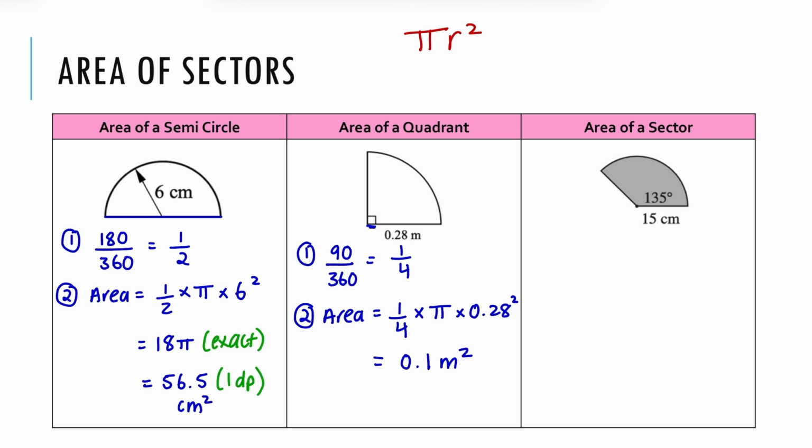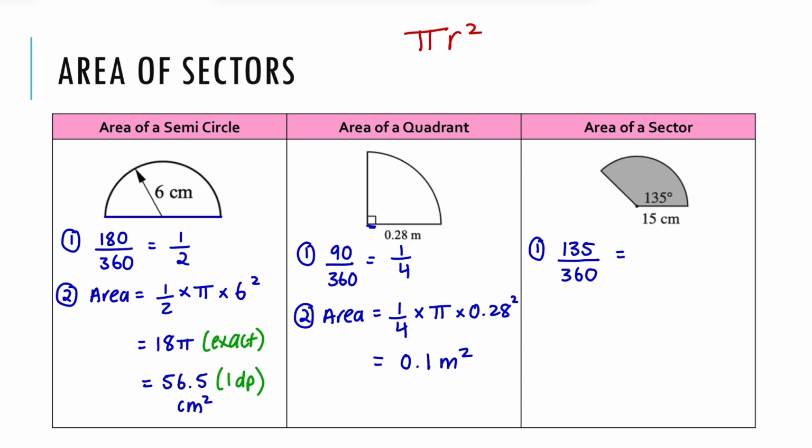So now we're going to look at an example where I don't have a fraction that simplifies or is as obvious as 1/2 or 1/4. I can still apply the same rules and it's still going to give me the correct answer. So I'm going to start by writing the fraction. I take the angle within the sector, which is 135, out of 360. So I've taken 135 degrees out of a total of 360.